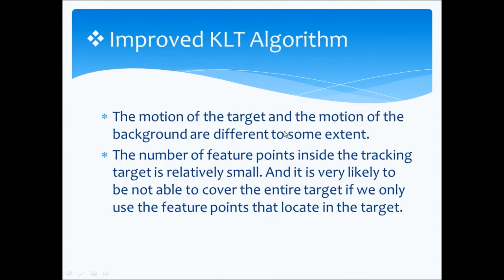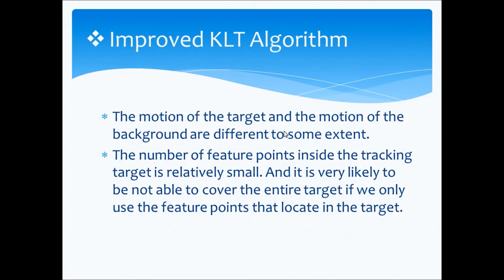The motion of the target and the motion of the background are different to some extent. Using the information of the moving pattern of the feature points inside the moving target to decide the position of the target in the next frame can help reduce the effect of the motion and the noises on the detection of the target.